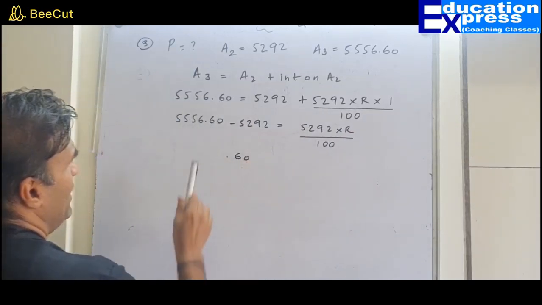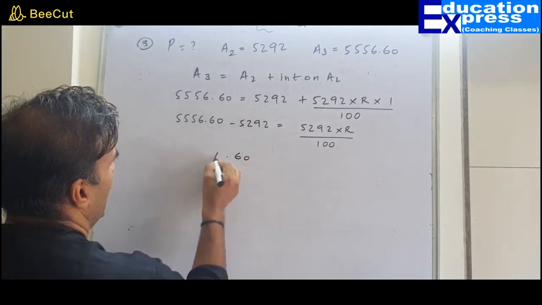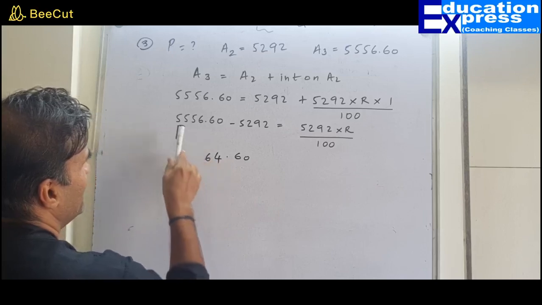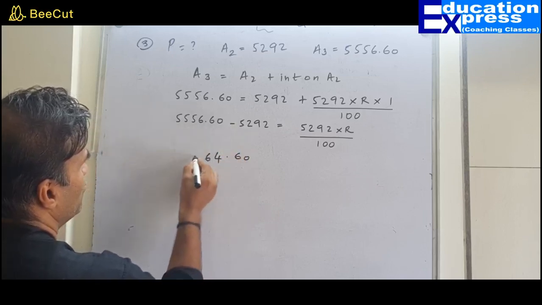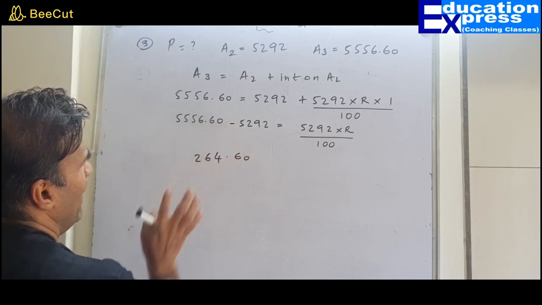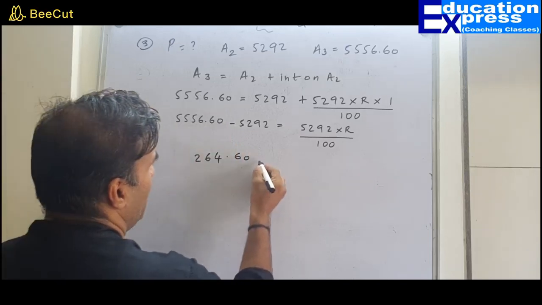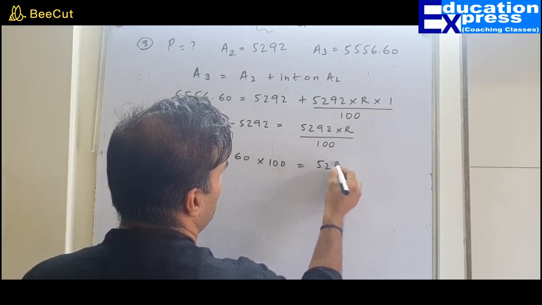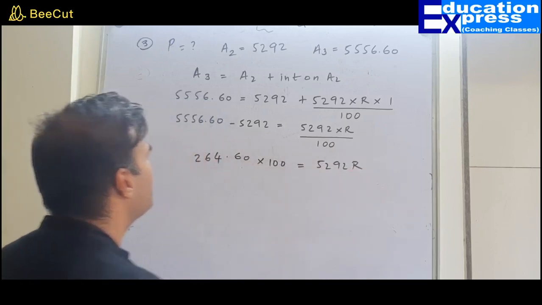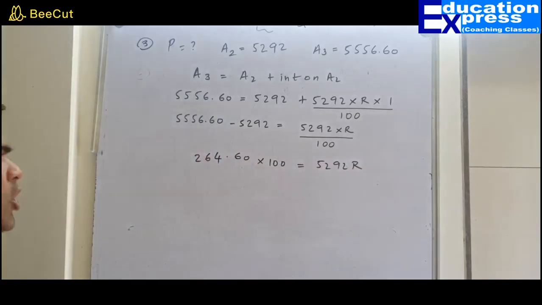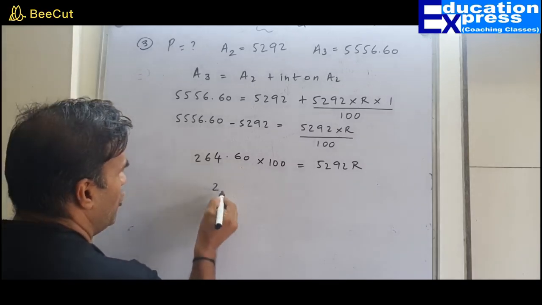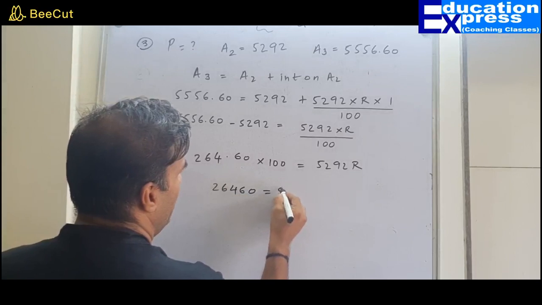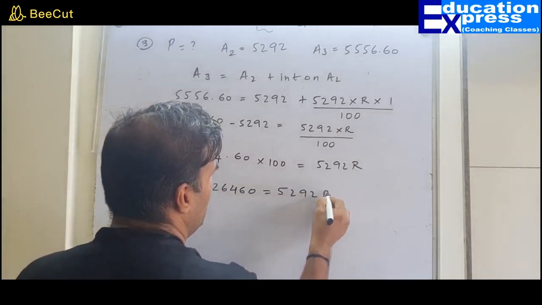This will be 60. 6 minus 2, that would be 4. 15 minus 9, 6. 4 minus 2, 2. 5 minus 5, 0. That will give you, into 100, equals 5292R. Now what is our job? Our job is to find out this calculation. 26460 is equal to 5292R.